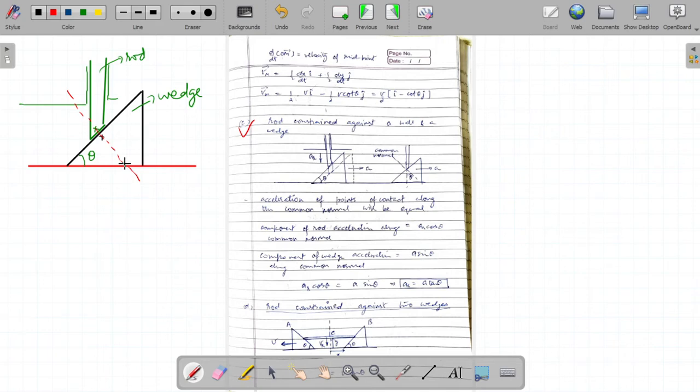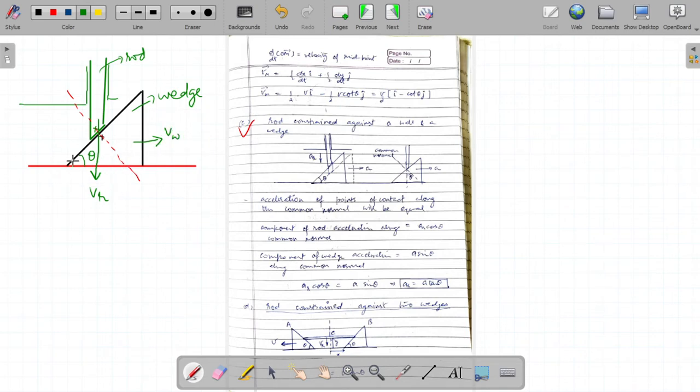The idea is that the velocities of the points of contact along this common normal have to be equal. Let us say the rod is going down with some velocity Vr, and the wedge is going in some direction with some velocity Vw.